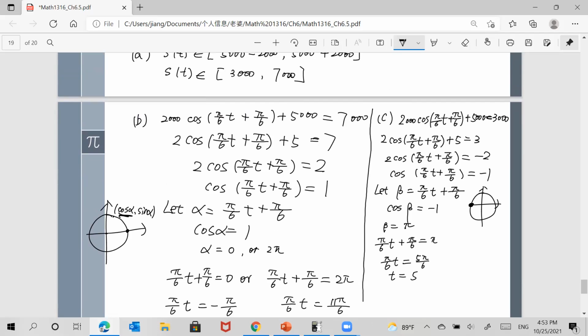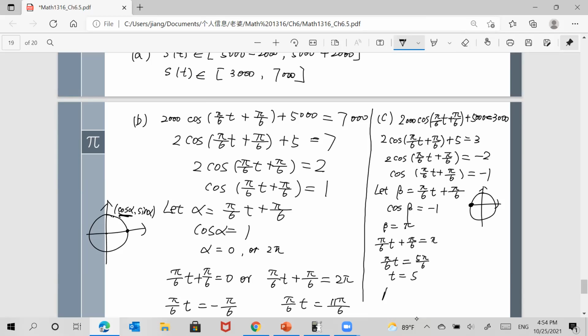Beta equals pi over 6 times t plus pi over 6. Cosine beta is -1. Yeah, perfect. So beta is pi. Yes, from here to here is pi, and this one is pi. Pi minus pi over 6 is 5 pi over 6. I think there's no mistake.